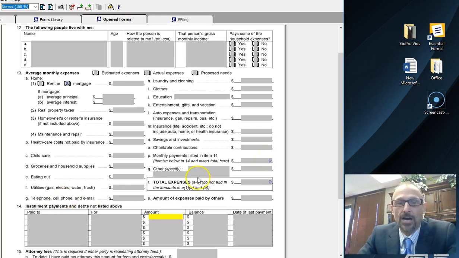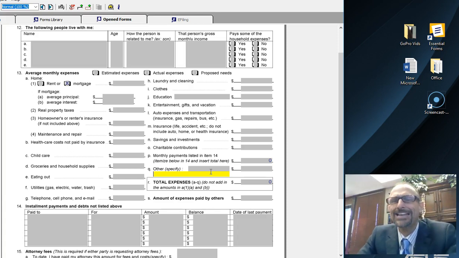Okay. Then other is some other payment. If you didn't include your cable bill, you could put your cable bill here if it didn't go under G, telephone, cell phone, and email. If you've got some extensive pet expenses, you could put that there.